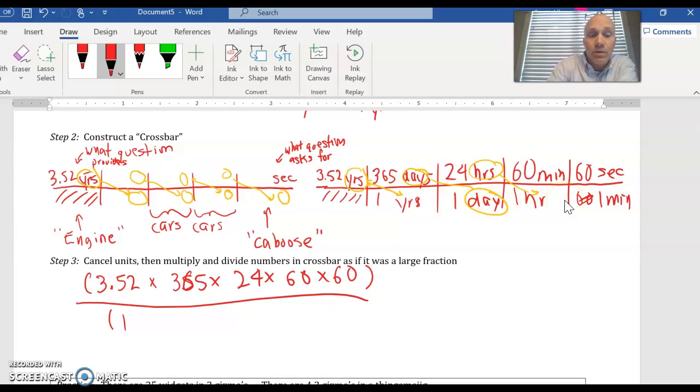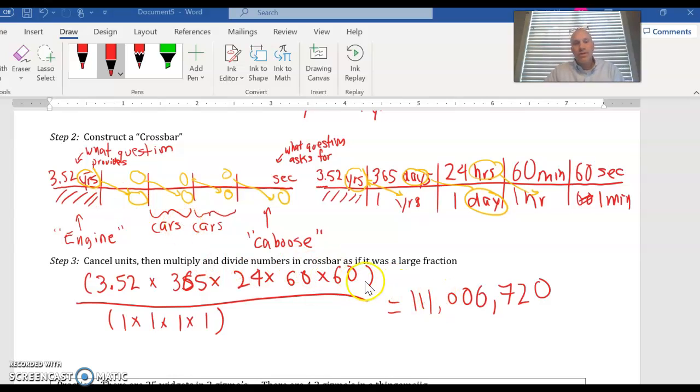That's not always going to be the case, but in this particular case, that's what we have. So all we're doing is taking the numbers on the top and multiplying them by each other, and taking the numbers on the bottom and multiplying those by each other. And then that tells you what you need to put in the calculator.